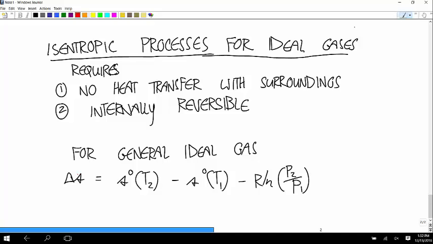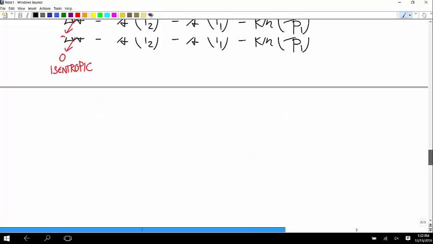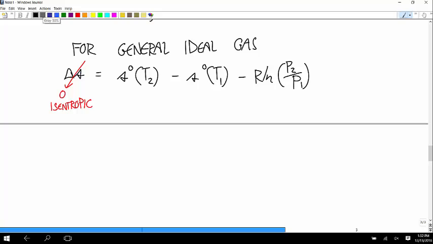If entropy is constant, then this is 0. And so you can go through the algebra of isolating the ratio of P2 over P1. It's only a couple steps, but I'm just going to write out the punchline.